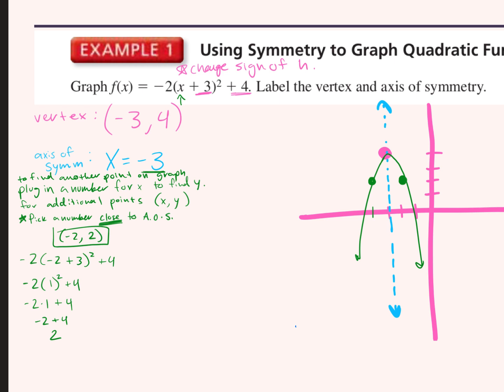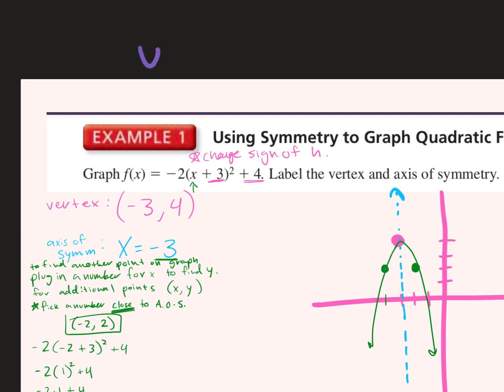One way that we can tell if it's going to be a happy face, a U, or an upside down U, a sad face, is the A, which we'll talk about. There's a slide for it on the next couple pages. If your A is positive, it's a happy face. If your A is negative, it's an upside down U or a sad face. So here our A is negative, our A is -2, so it's an upside down parabola.